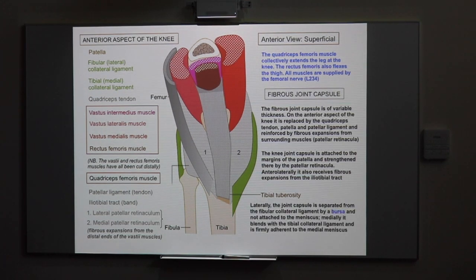Now, I'm showing you the joint capsule visible from laterally. The bursa is there. What are these two stars? Any idea? Why did I put these stars here?